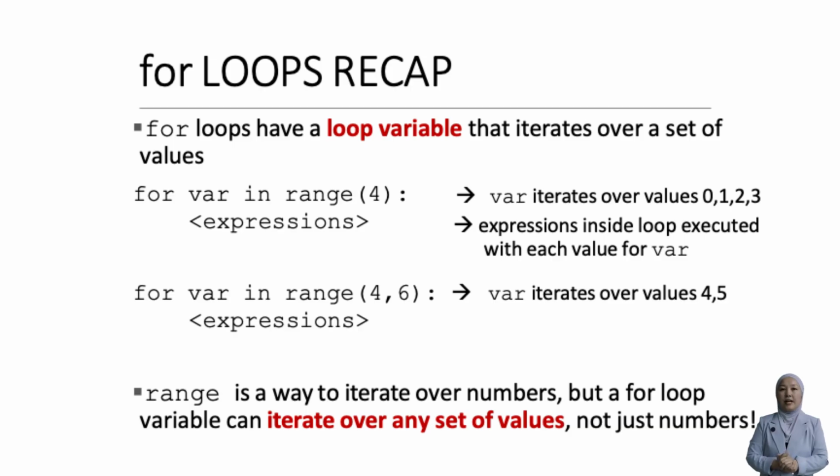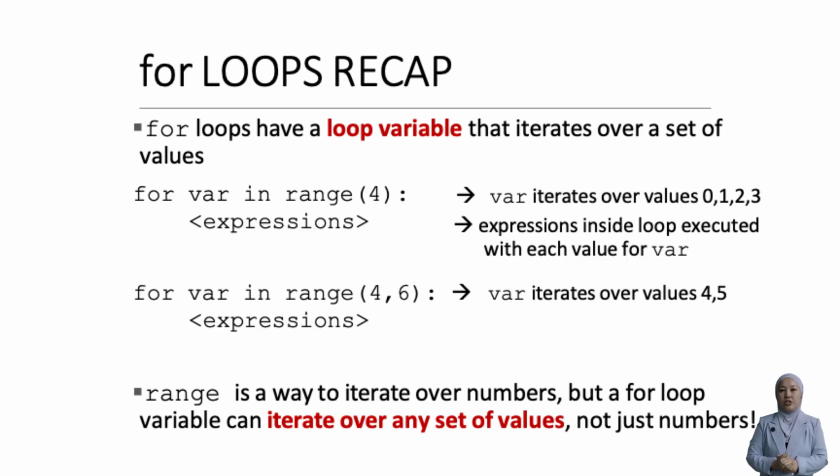To process every character in a string, we need repetition. Enter the for loop. Let's recap its mechanics. A for loop has a loop variable that iterates over each item in a sequence. The classic use is with range. For var in range(4), var takes on the values 0, 1, 2, 3 sequentially. range(6) yields 0 through 5.